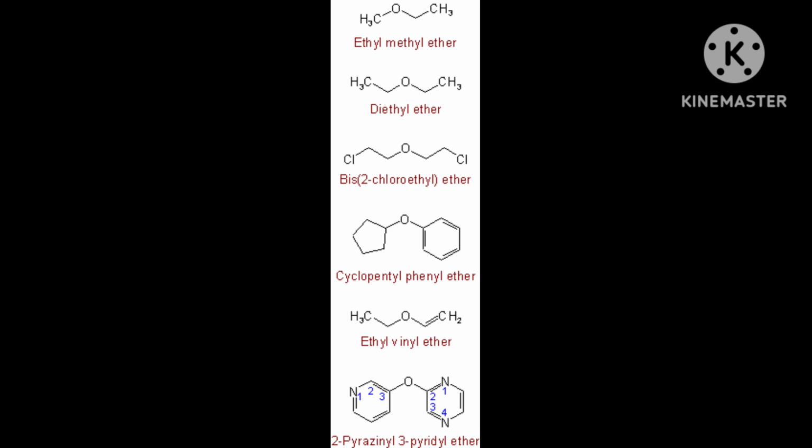Then this I have discussed, the nomenclature of ethers. Many examples may be there, but the same rule you have to follow. With the phenyl group, this group O and the long chain I told you was attached with the phenyl group. That's why the name has come 3-methyl butoxy.